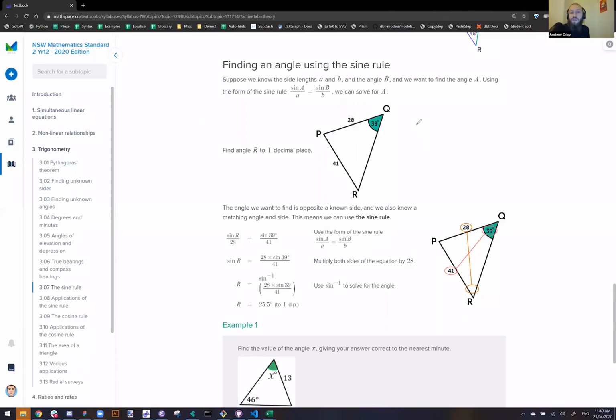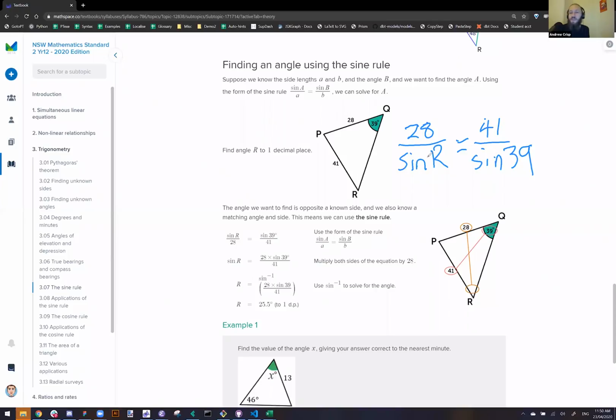I could write 28 on sine of angle R, 28 on sine R, equals 41 on sine 39. That'd be using the equation in exactly the same way as I used it before.